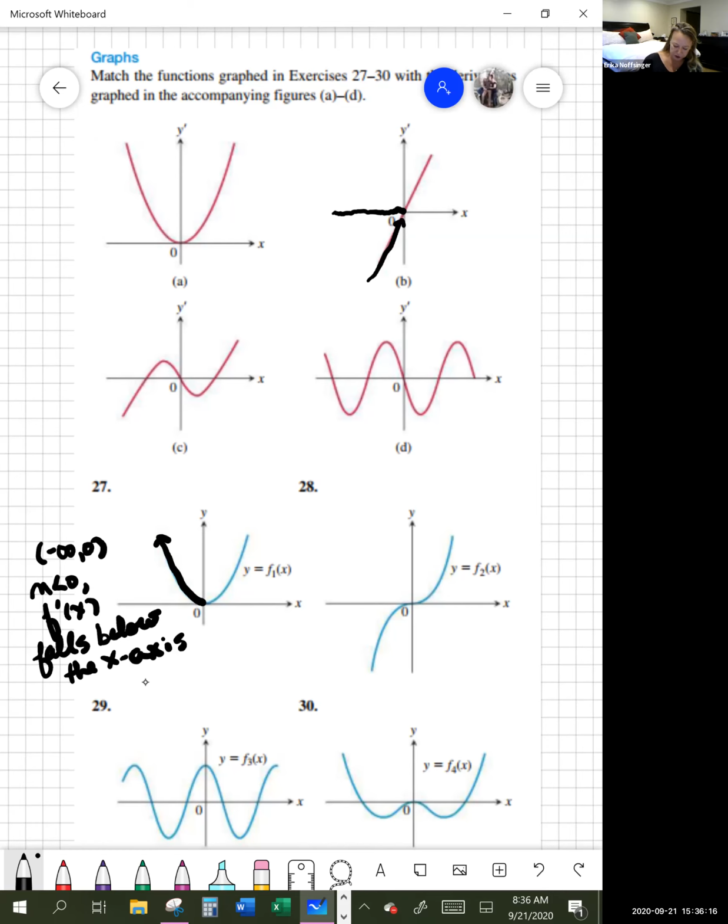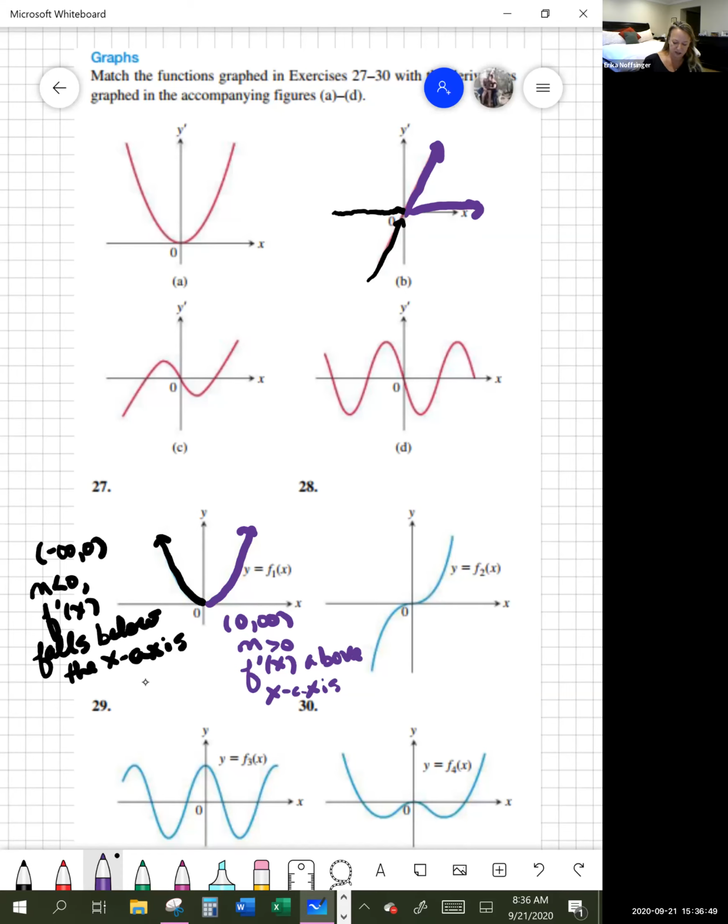And let's just make sure. So where it's increasing, where it's going up from left to right, this graph of the derivative has to be above the x-axis. So from 0 to infinity, m is greater than 0, f prime of x is above the x-axis. So it's above the x-axis here from 0 to infinity.